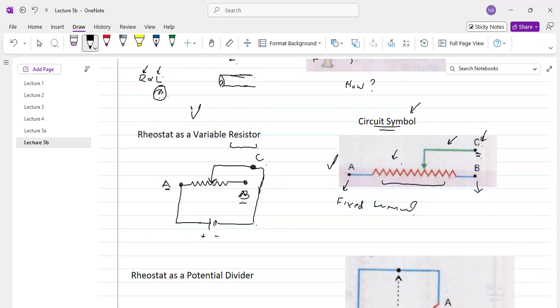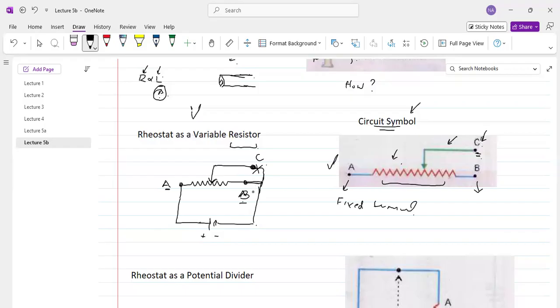So, we will always keep in mind that whenever we want to use the rheostat as a variable resistor, always a fixed terminal and a sliding contact is used. The third terminal is not connected in the circuit. If the full resistance of the wire we want to use, then we do not connect with the sliding terminal. Instead, we connect directly the circuit with the second fixed terminal.